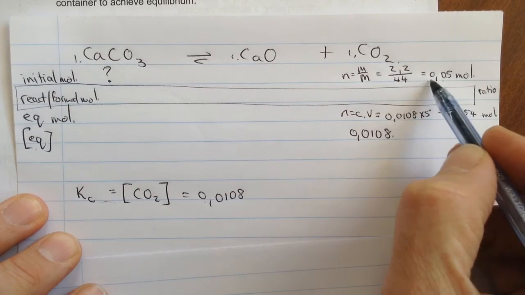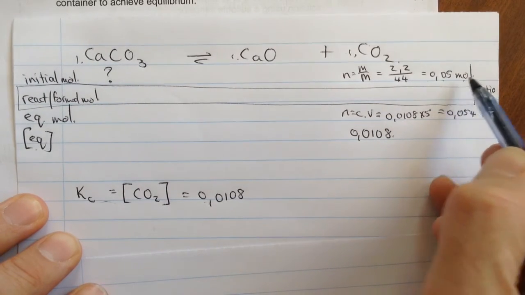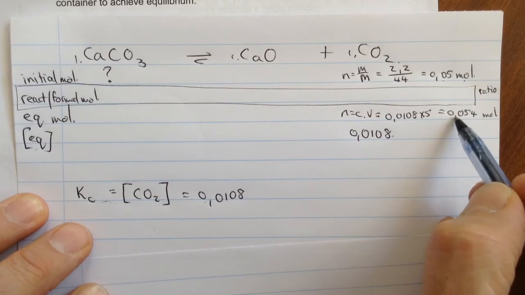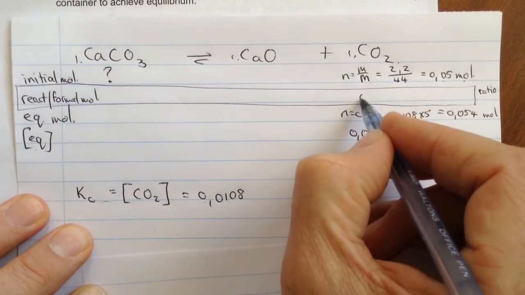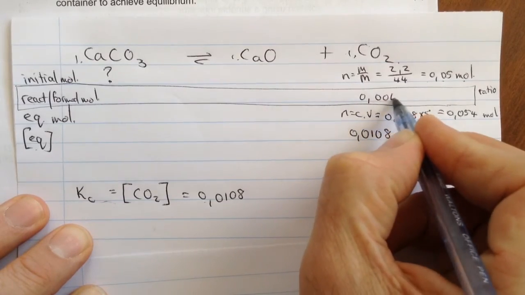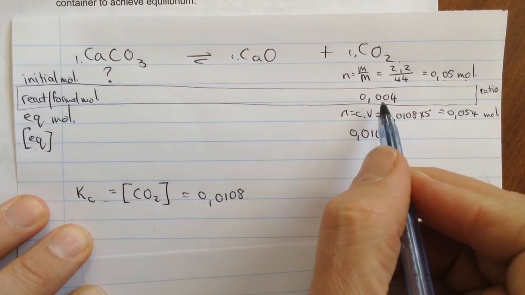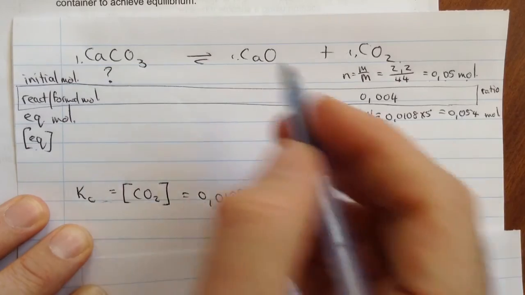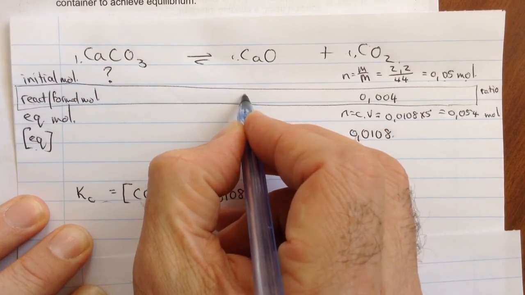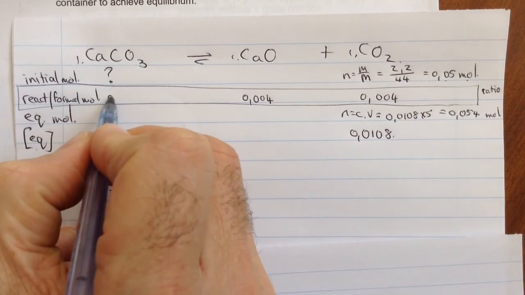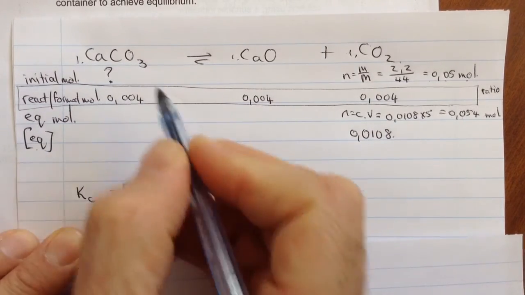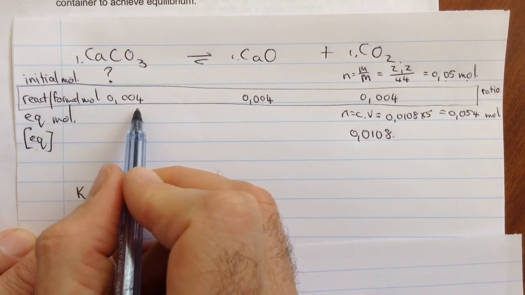If I started with 0.05 mole and I ended with 0.054 mole, then the difference of those two will be 0.004 mole. Therefore, I now know that I have 0.004 mole of calcium oxide as well as 0.004 mole of calcium carbonate.